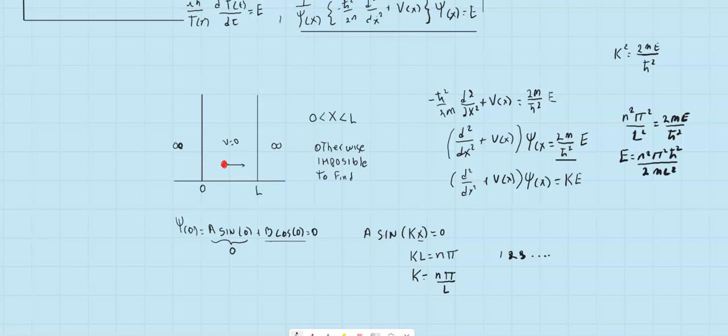And when I put 1, that'll be my lowest energy value. If I put 2, it'll be 4 times. If I put 3, it'll be 9 times.